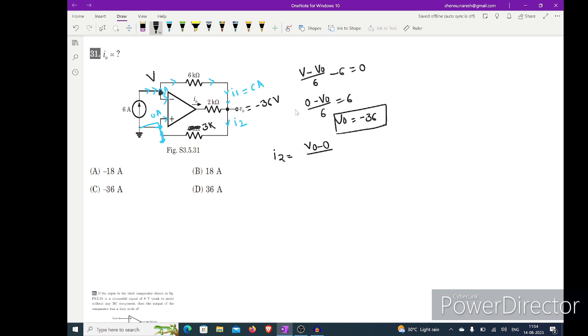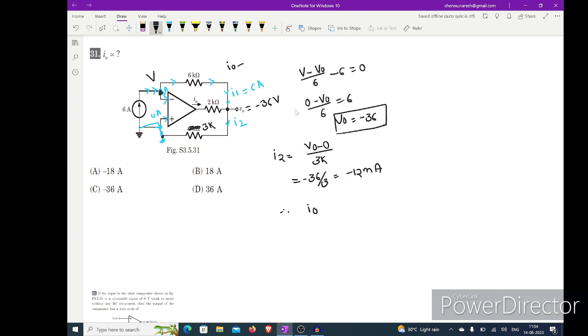I2 equal to the difference of these two voltages divided by 3k. So I2 is V naught equal to minus 36 divided by 3, means minus 12 milliamps.